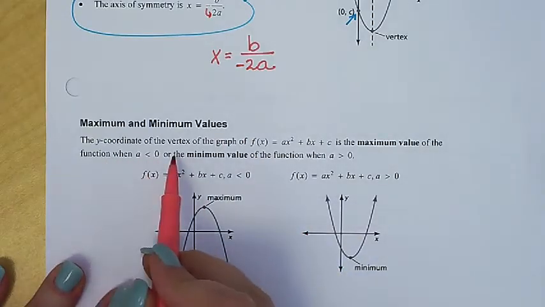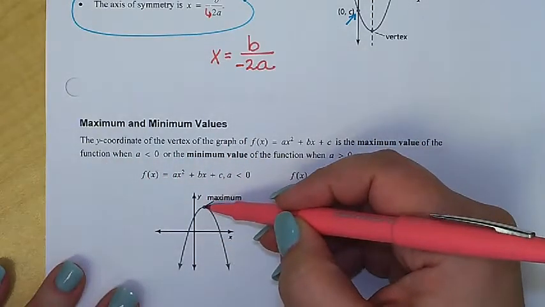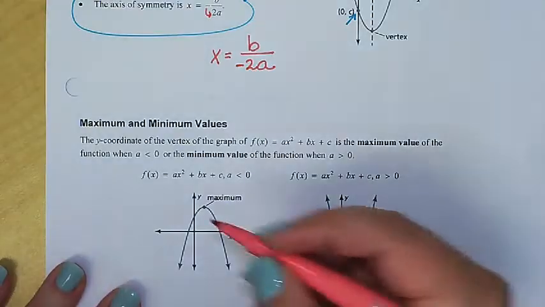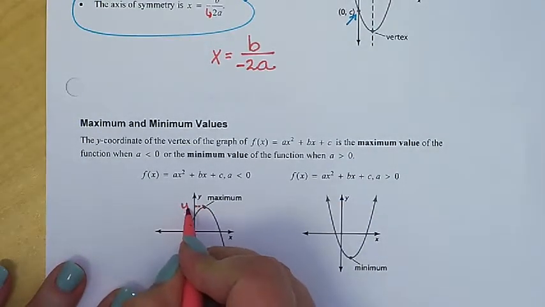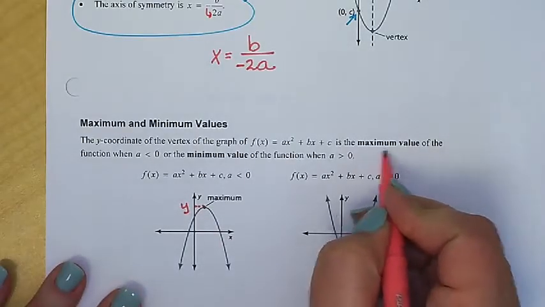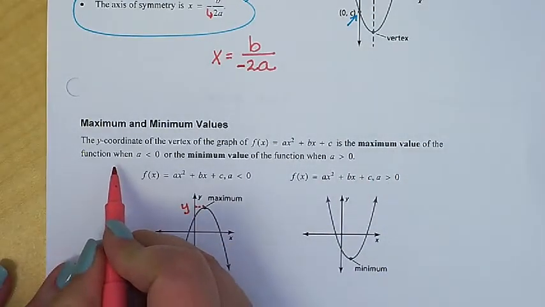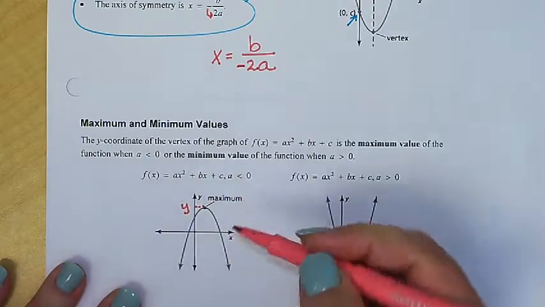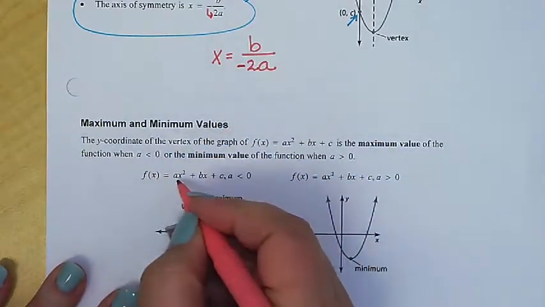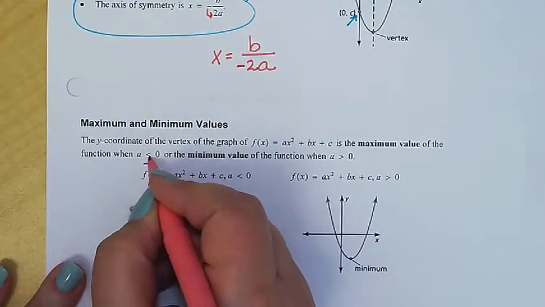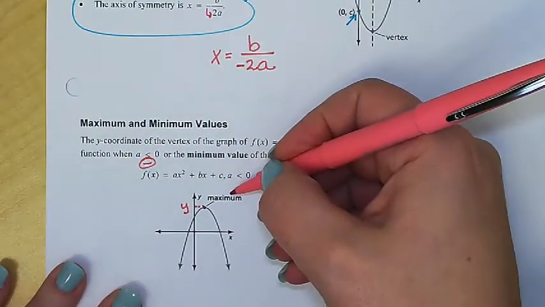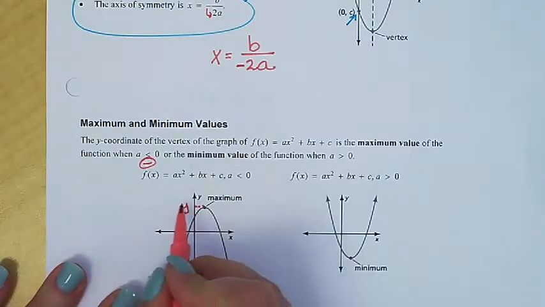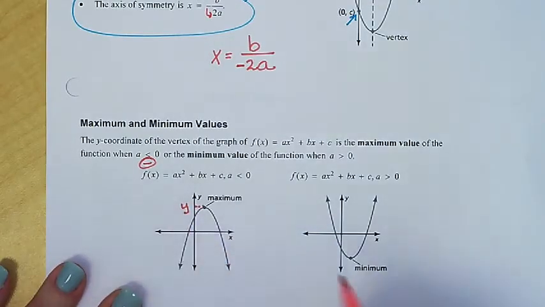So the y-coordinate of the vertex, so there's our vertex, either our highest or our lowest point, is either called the maximum value or the minimum value. If the a value is negative, less than 0, and it's downward opening, then that vertex is a max. And what we call the max is the y-coordinate of our vertex.